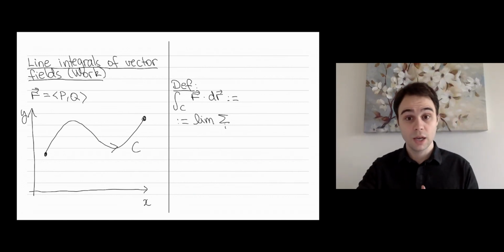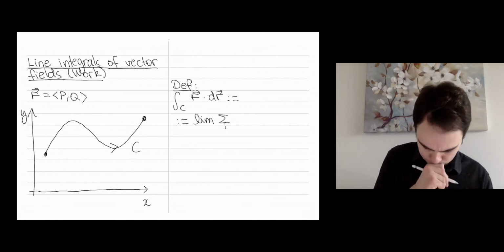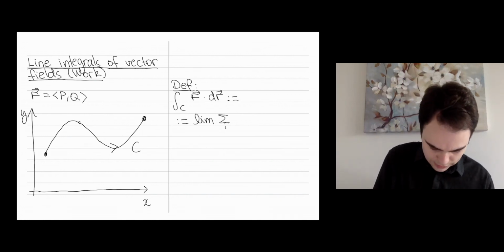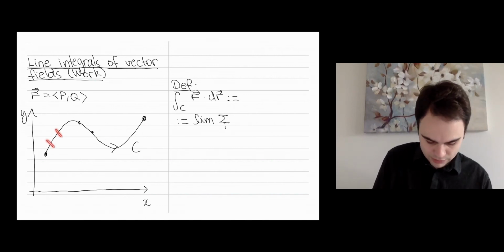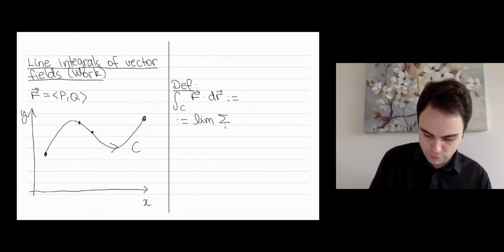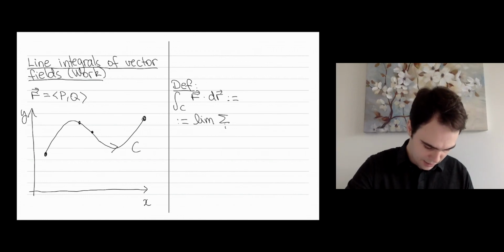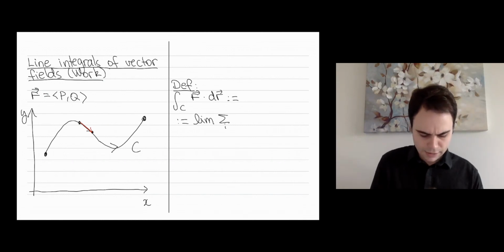The sums will be, we'll have one sum for each possible subdivision of the curve. So let's fix a subdivision of the curve, just to explain what we're adding. And now let me look at this little vector here.